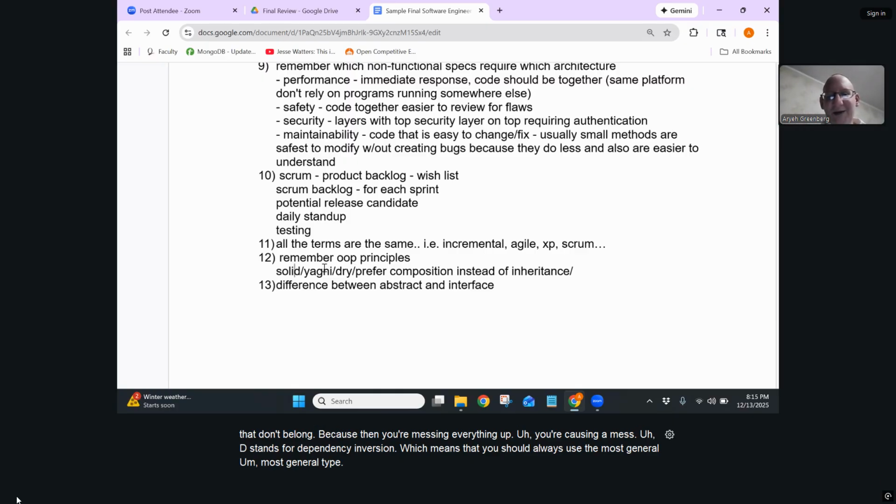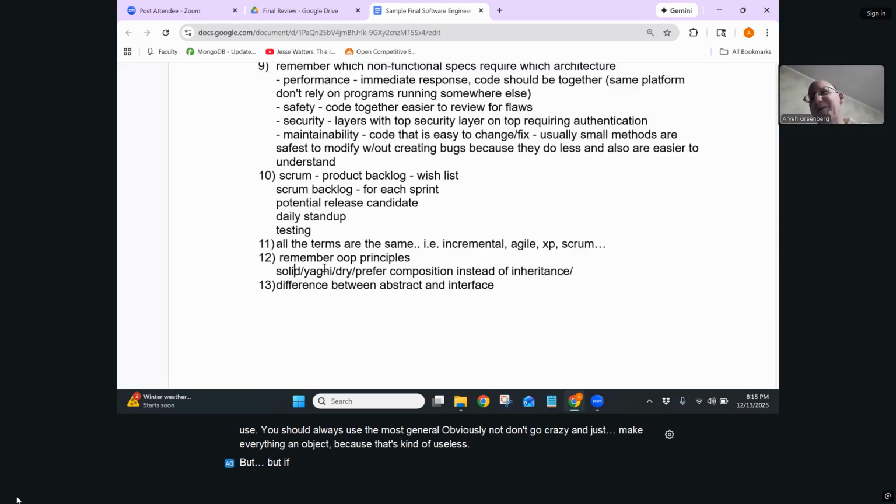Whenever you have a choice of which type to use, use the most general possible. Obviously, don't go crazy and make everything an object, because that's kind of useless. But if you could be more general, then you should be.